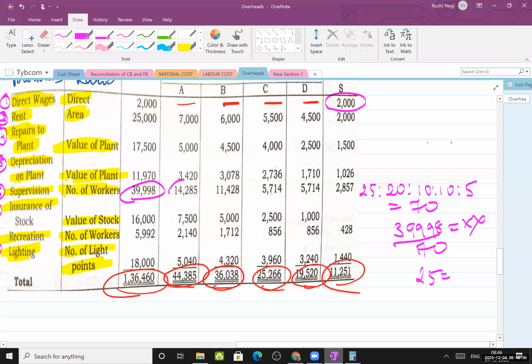Is the screen share visible, students? Yeah, it is. Okay. Next type 20, press equal to 11428. Type 10, press equal to, type 5, press equal to 2857. Okay, it's correct.